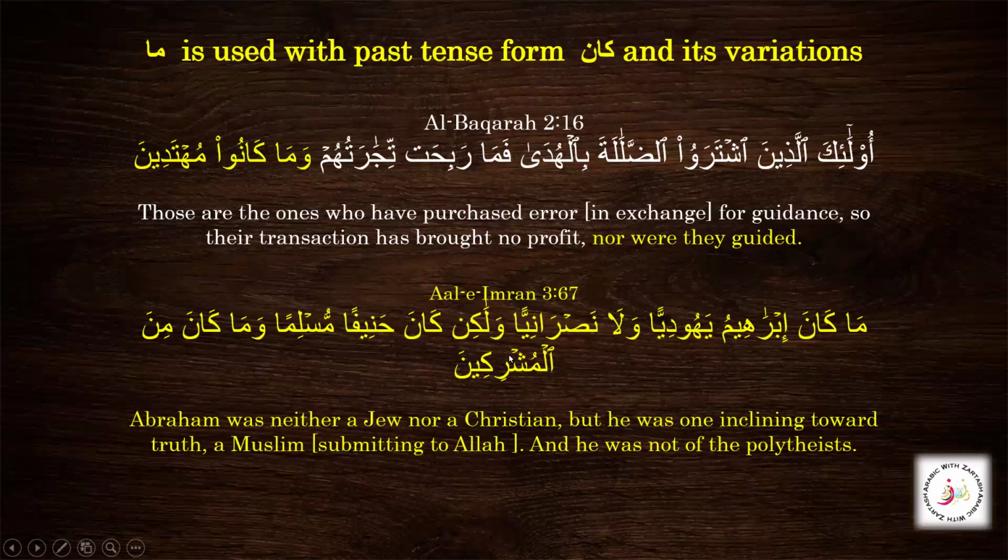So, let's do this part and then we'll start with the other part of the Jumla. Makana Ibrahimu Yahudiyun wala Nasraniyan. First of all, we'll see what type of sentence this is. We know that when Kana enters the Jumla, we automatically go for a Jumla Ismiya. So, this is our Jumla Ismiya because it is starting with kana.